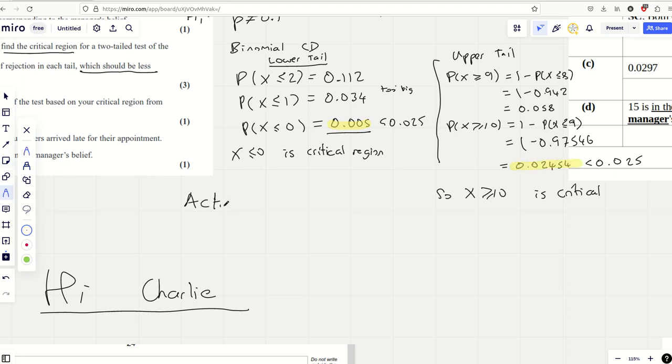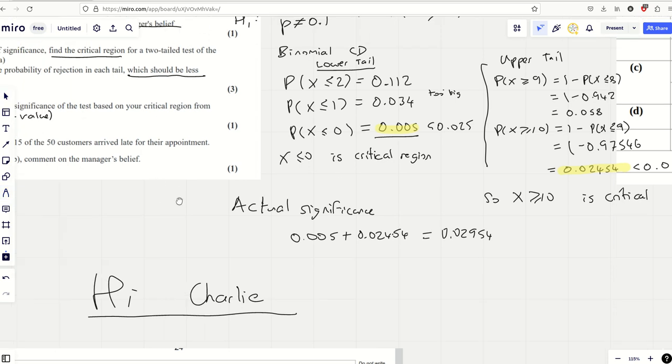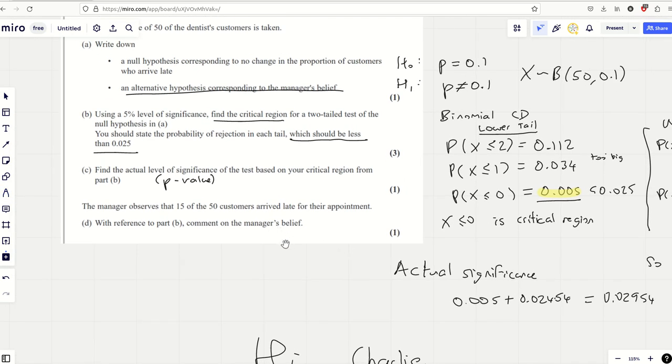So the actual significance is going to be 0.005 plus 0.02454, and try and work as precisely as possible. Okay, I make it 0.02954. Okay, that's interesting. So that's the actual significance.